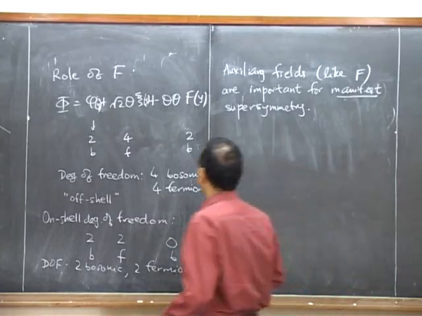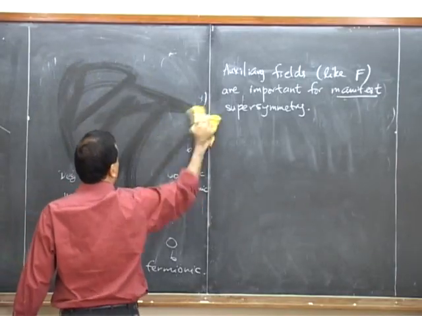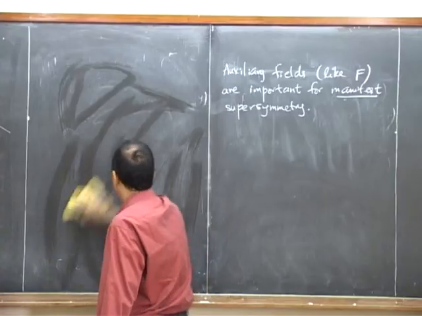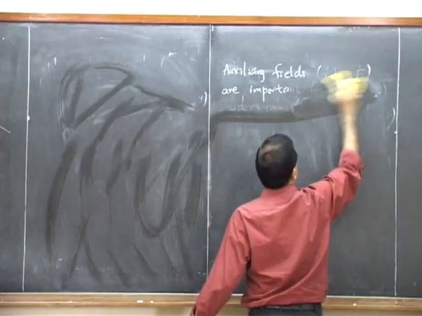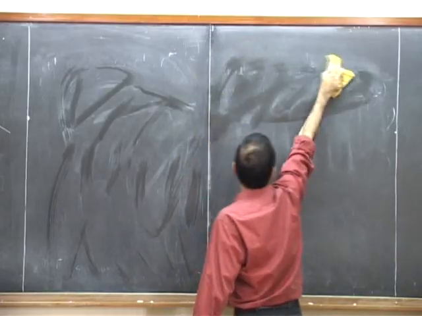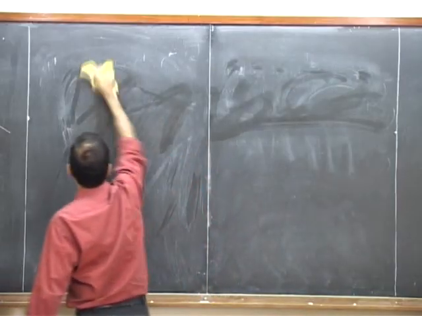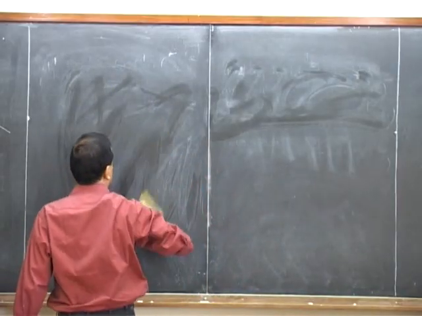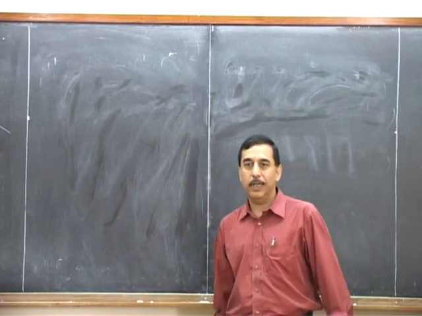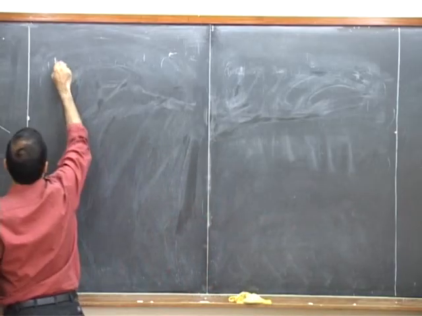What's the most general interacting theory? It's pretty obvious why it's easy. It's easy because we've just seen that the only possible ways to write a superspace action are D term and F term type actions.